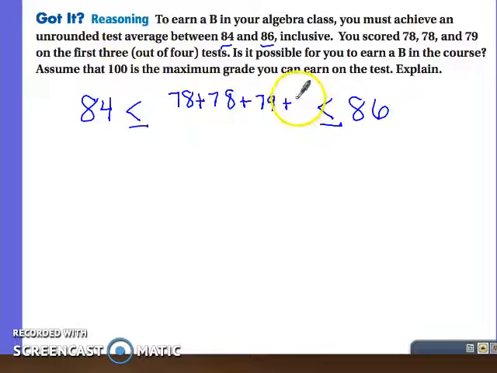So you would do, all right. Now, how do I find the average? I add them all up and then I divide by 4. So what I'm going to do is I'm going to add these all up.